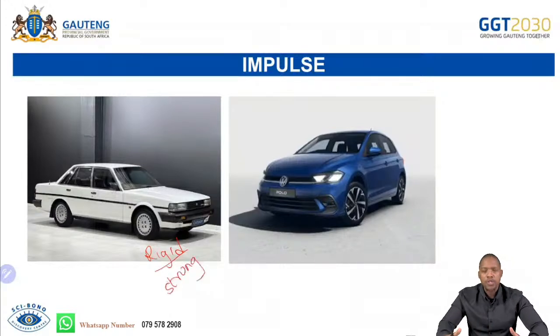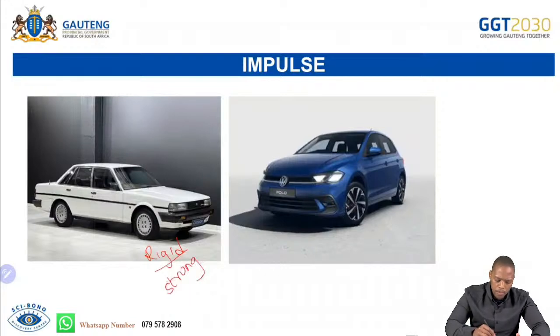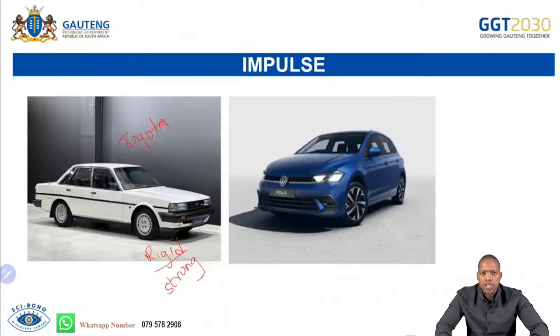For example, I have a picture here of an old Toyota Cressida. If you could lean against an old Toyota Cressida, you'd realize it's a rigid car. You can lean against it easily. It has a very, very strong make. Its body is made up of strong parts. You can lean against it easily. It gives you that sense.